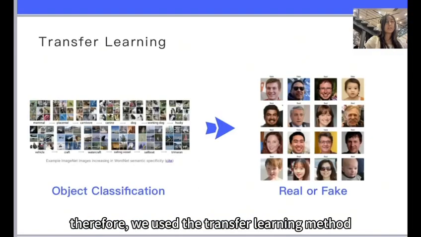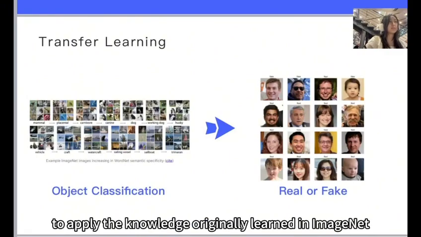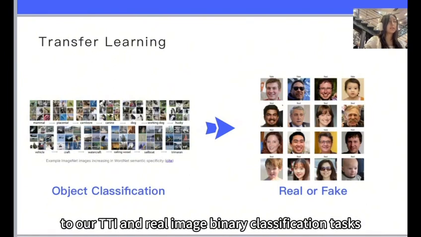Therefore, we used the transfer learning method to enable the pre-trained DenseNet model to apply the knowledge originally learned in ImageNet to our TTI and real image binary classification task.